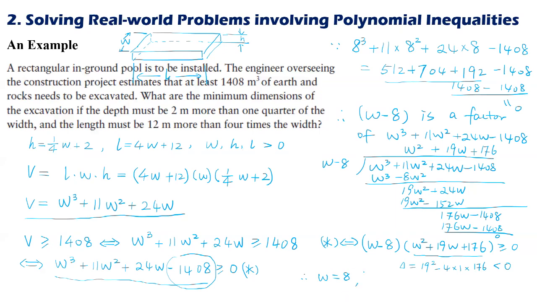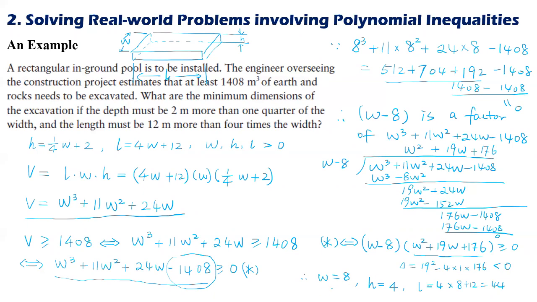So if w is 8, we know that the height is 4. And the length is how many? 44, right?